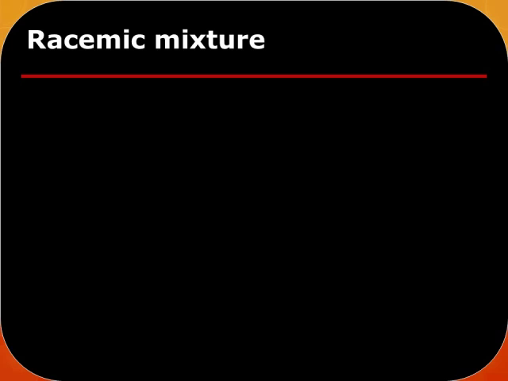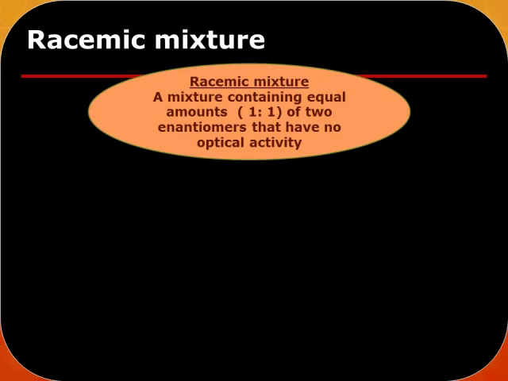Racemic mixture. You must be hearing this term for the first time. What is a racemic mixture? Children, racemic is a Latin word meaning like grapes or juice extracted from grapes. A racemic mixture is a mixture containing equal amounts of two enantiomers that has no optical activity.